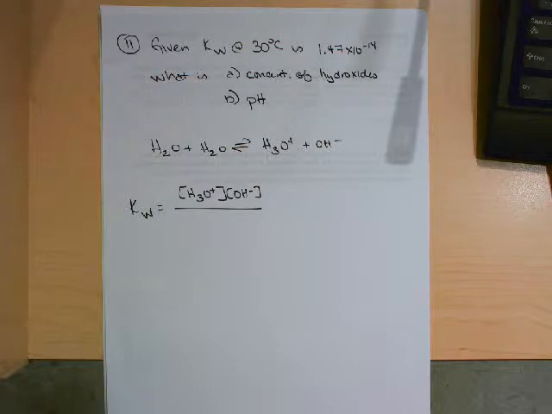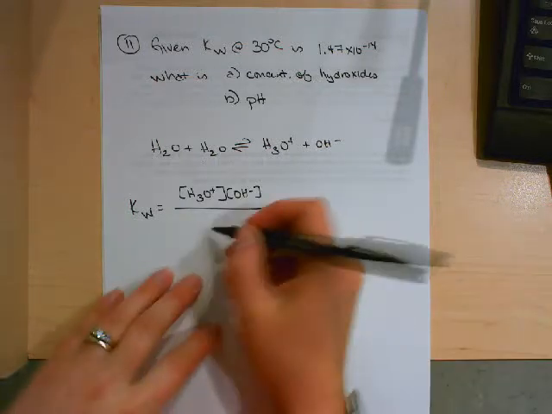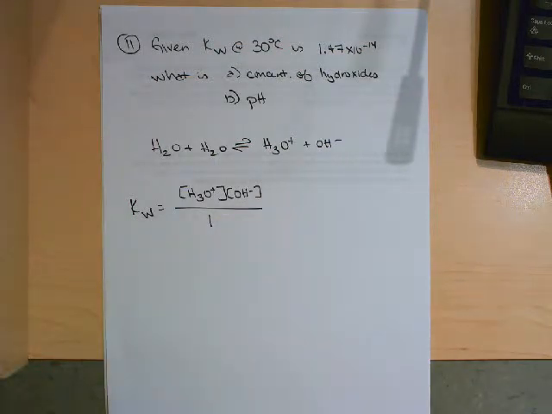What goes on the bottom? Well, it can't be nothing, that'd be 0 in the calculator. It's 1. Why is it 1? Because water is 1, the same reason we always just draw a line through it. The concentration doesn't change.